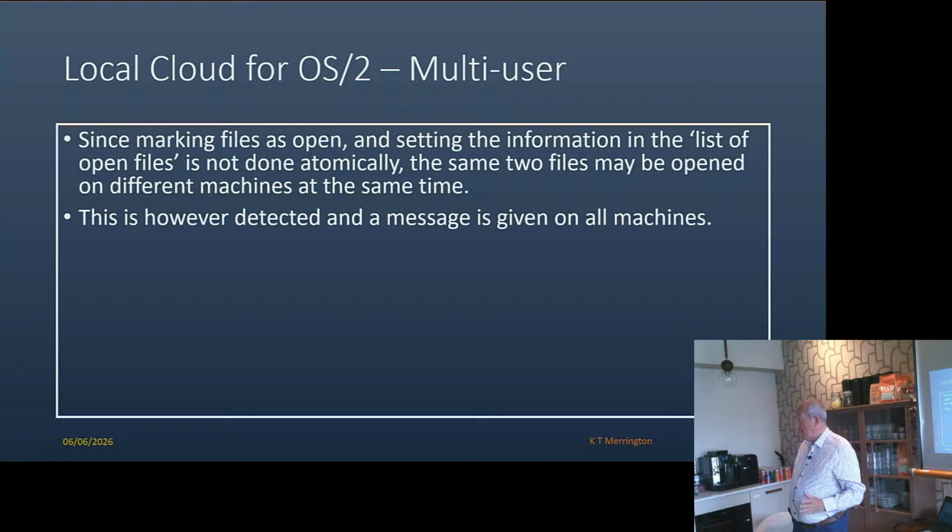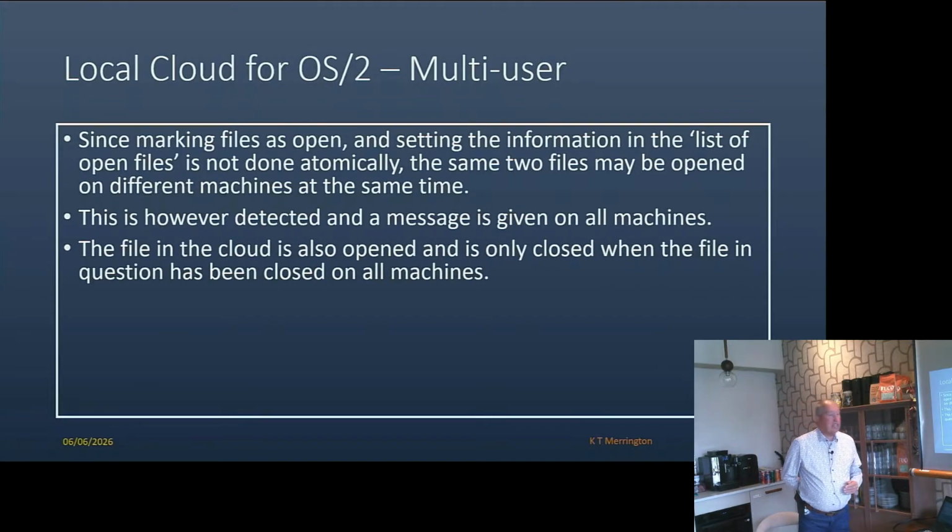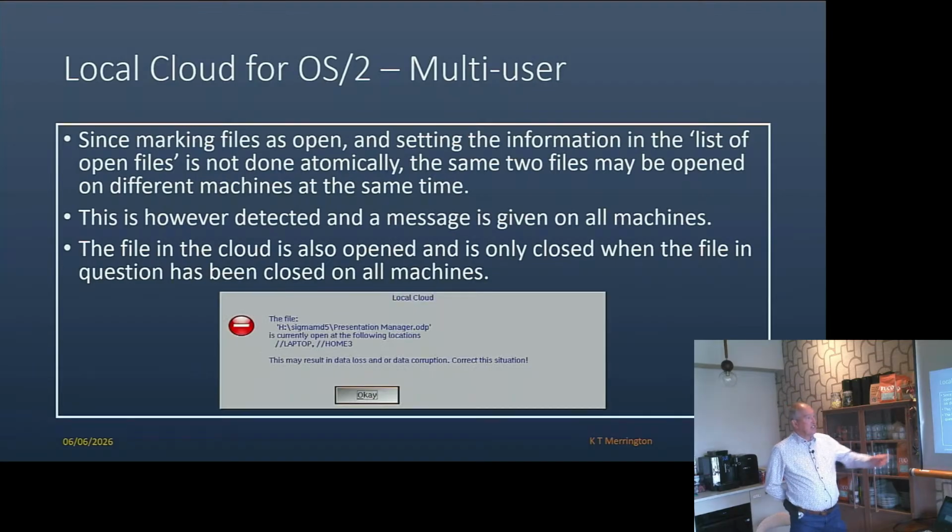But the only thing I can do is send a message to each of you to say, hey, somebody's opened this file, which one of you is going to close it? And we can't do any synchronization between you two with regards to that file. That's the only way you can do it. Or if somebody's got a really smart method, let me know.